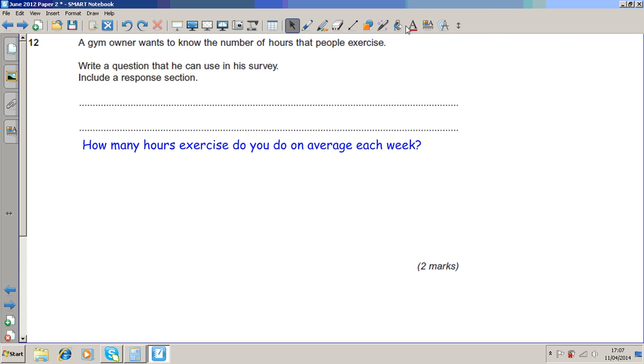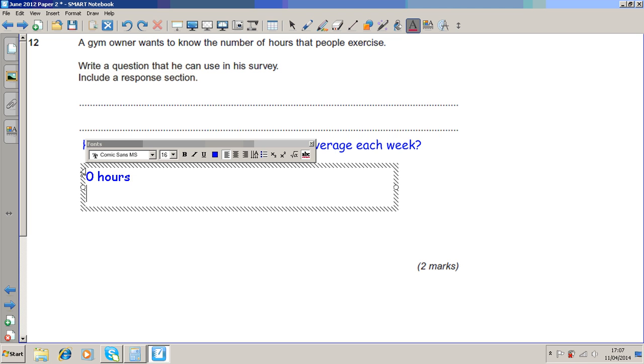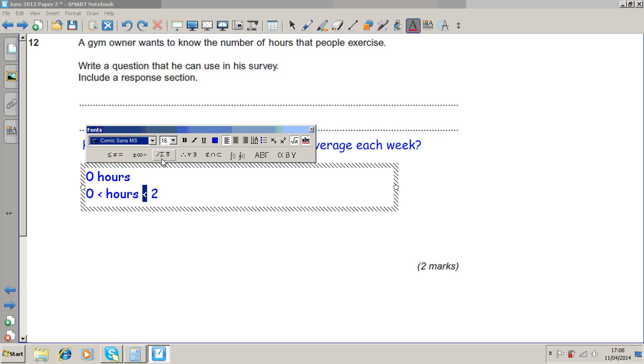Now response sections. So we could have 0 hours. We could have not less than, less than 2 hours, and that needs to be equals to.